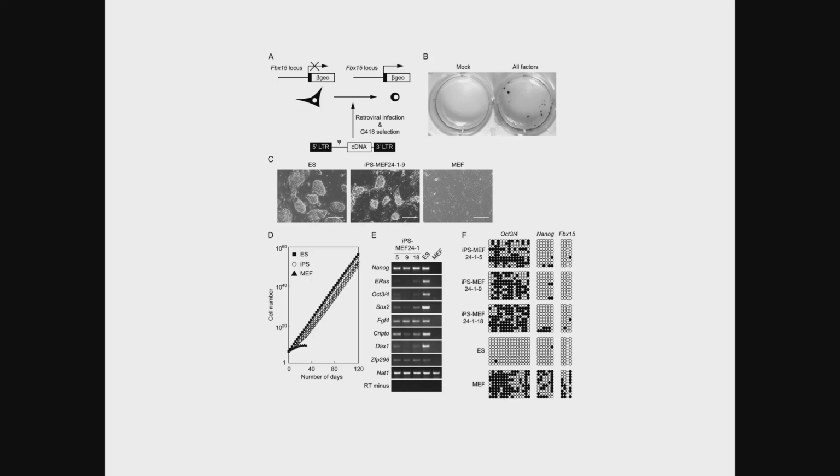For example, in stem cells, they are not methylated. In here, each clear dot represents a non-methylated site, and each black dot represents a methylated site. So stem cells are not methylated in these genes, and fibroblasts are methylated in these genes. With the transcription factors that were added, 24, 150, 24, whatever, in the different experiments, he managed to reprogram some of the genes, but not some others.